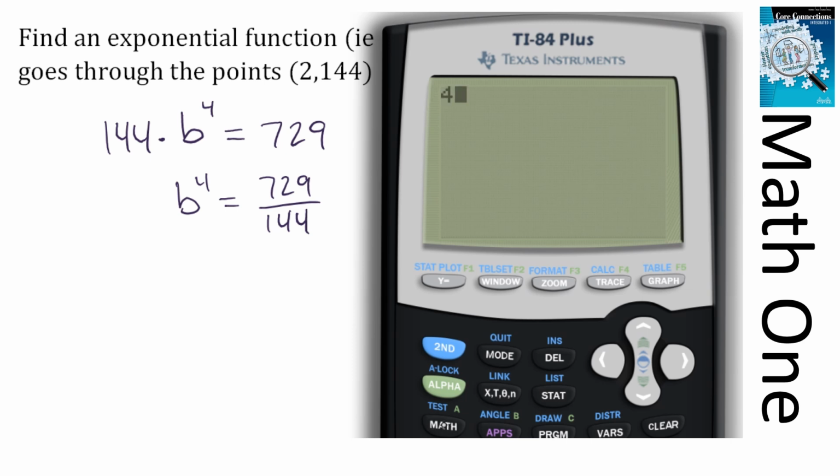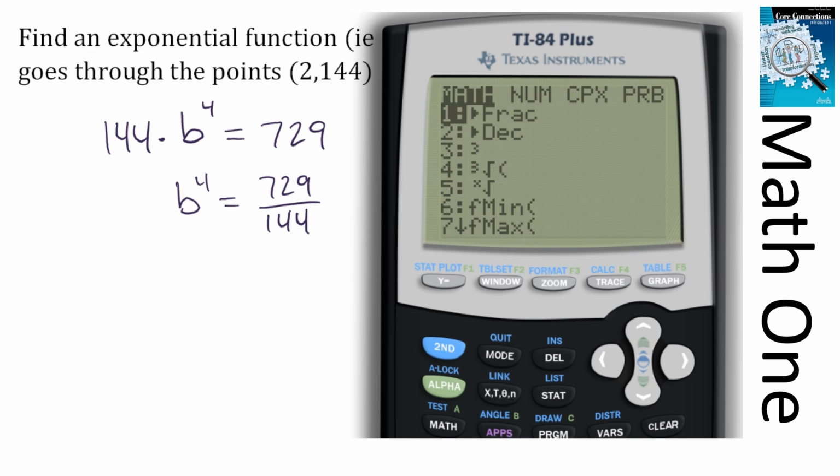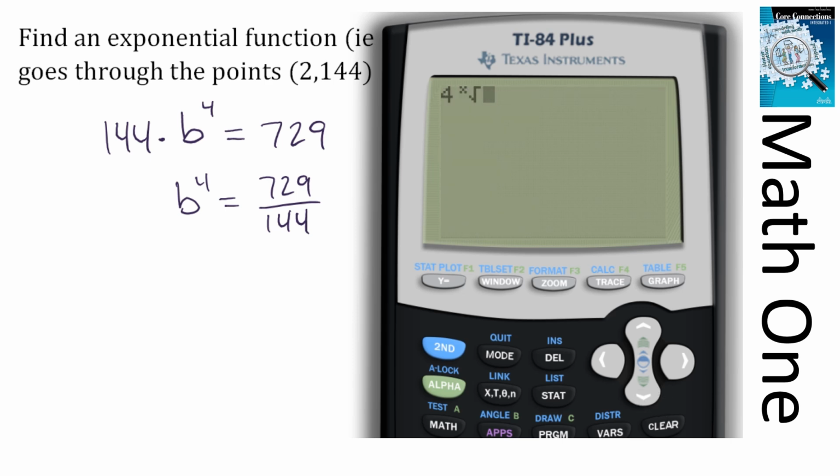Then I'm going to press the math button. Once I do that, you can see way down here, option number 5 is the xth root of something. So I'm going to press option 5, or I can go down until I get to that option, and then press enter. So I'm going to do the 4th root of 729.